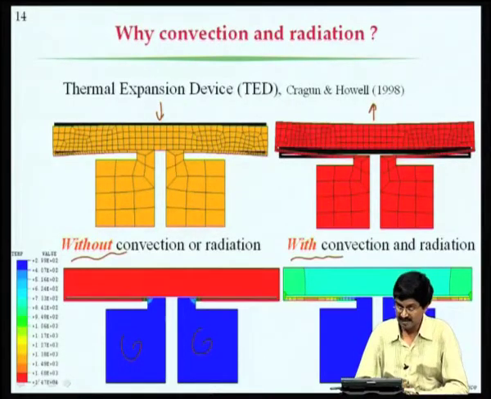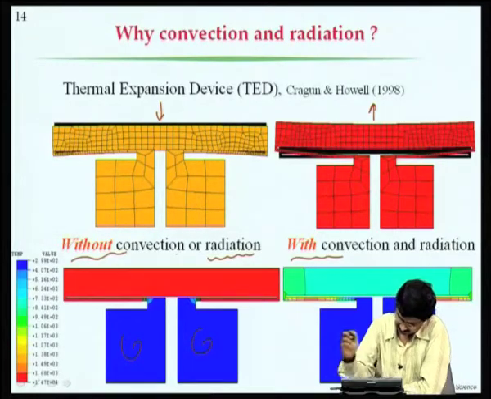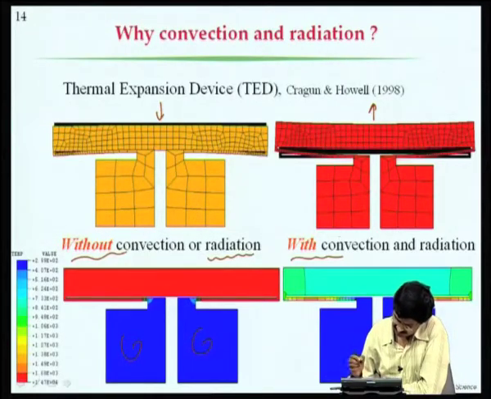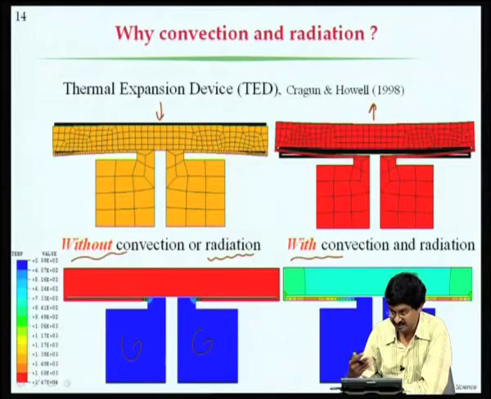So, we can see that whether you model convection or radiation effect will not matter much until the temperature is very high, but this example shows that without convection versus with convection you can get qualitatively different behavior, not just a slight error in the solution, but the nature of the solution or nature of the deflection itself could be different.